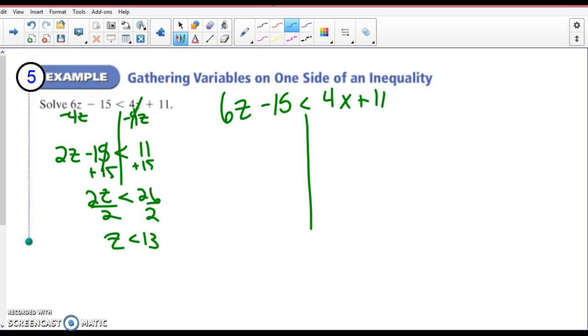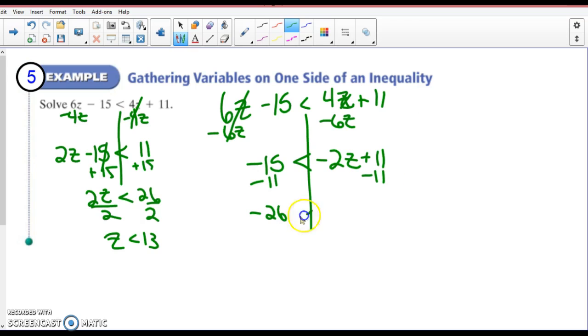How about if we decided to bring 6z over to the right? Well, watch what's going to happen. That's 0, so I'm left with negative 15 is less than negative 2z plus 11. Now I need to subtract 11 from both sides. So negative 26 is less than negative 2z.